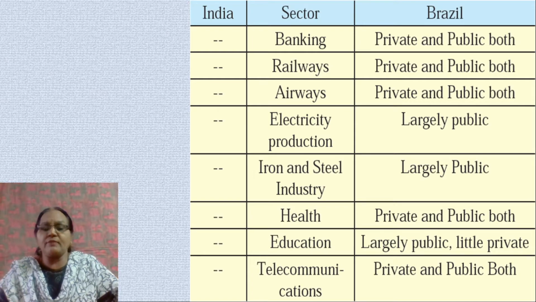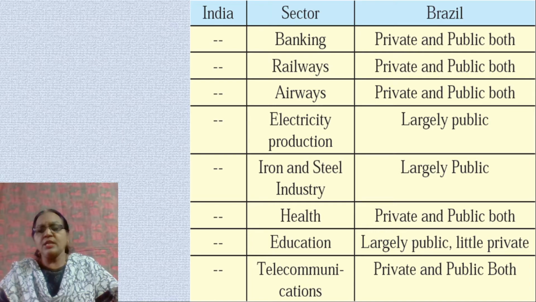What about railways? In Brazil, it is run by the private and public sectors, but in India, it is run by the public sector. Now, airways. Airways in India is run by the public sector, but more by the private sector.